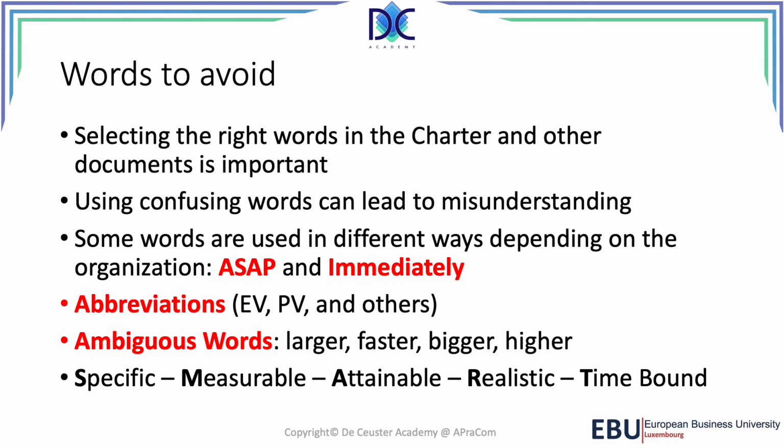Ambiguous words are, let's say, difficult to avoid in some cases, but we have to avoid them. We typically talk about larger, faster, bigger, higher, things like that. But what does it mean? We have to make a car which is larger than another car. It has to be faster than another car. It has to be bigger, higher. These are things you're not going to use.